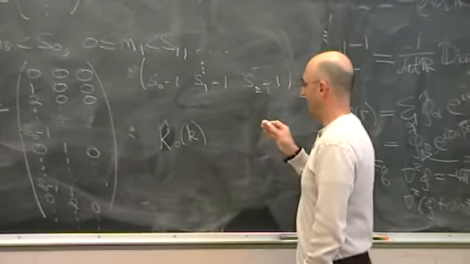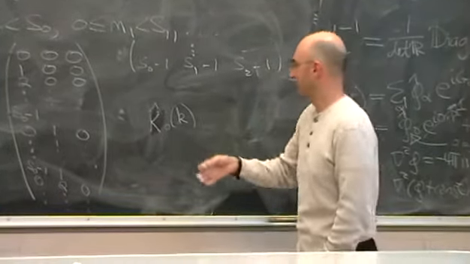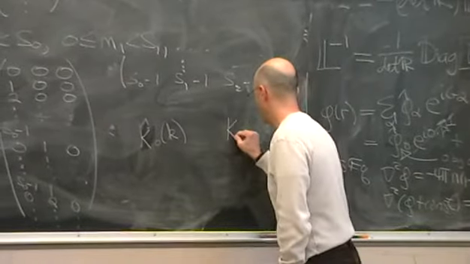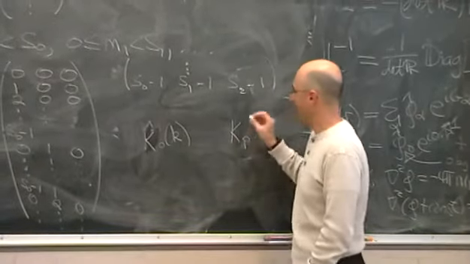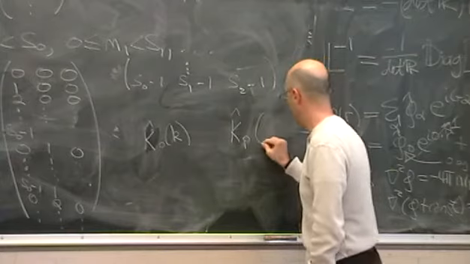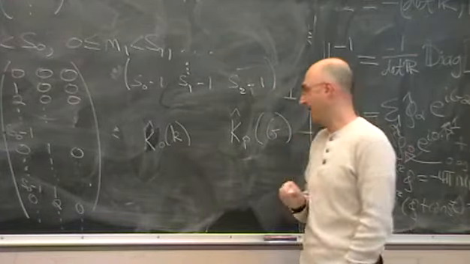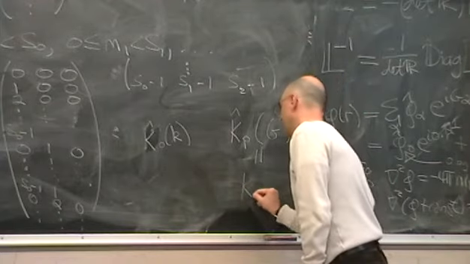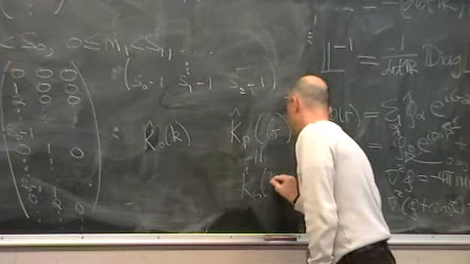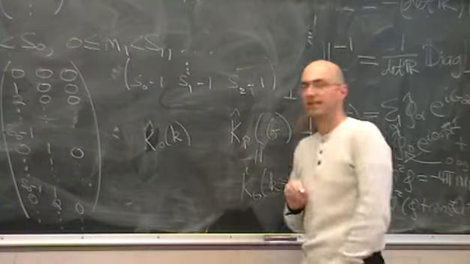The periodic boundary condition Green's function, I would call, say, Kp. It only exists at discrete lattice vectors G, but it is the same thing as K naught, just evaluated at K equals G.